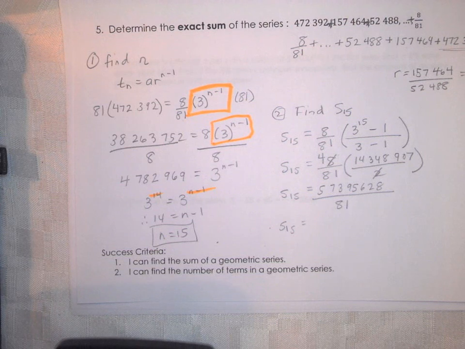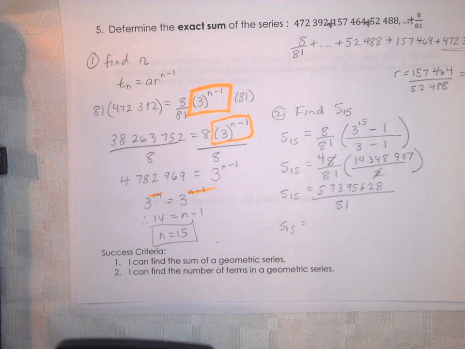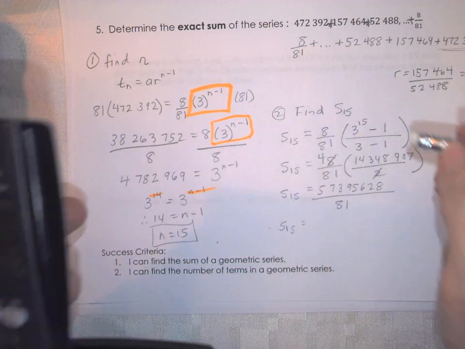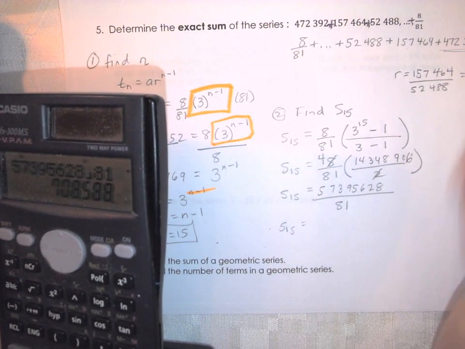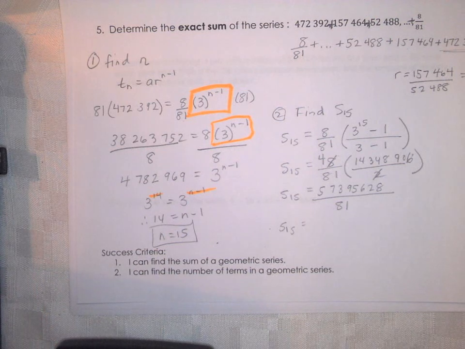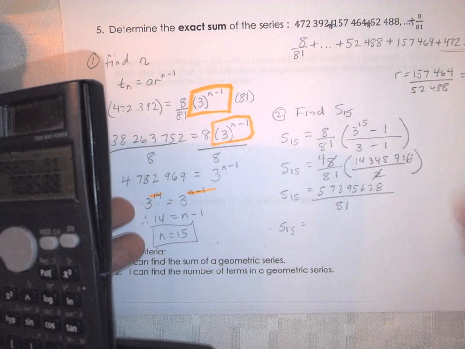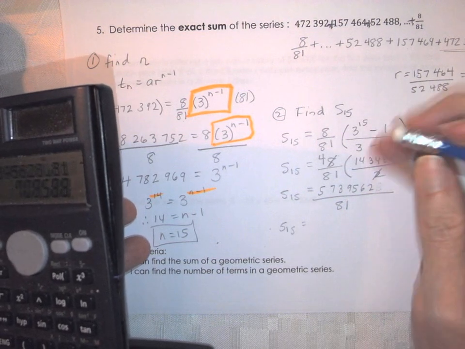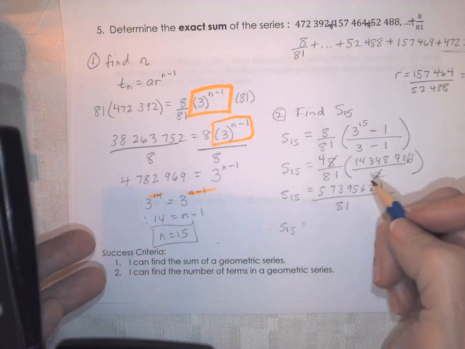I think I might have typed something in wrong here, so let me try again. 3 to the power of 15 minus 1. Oh, I didn't subtract the 1. So that was just 3 to the power of 15, and that's why it worked out. So times 4 is going to change this to 57,395,624 over 81, and then that does not reduce.